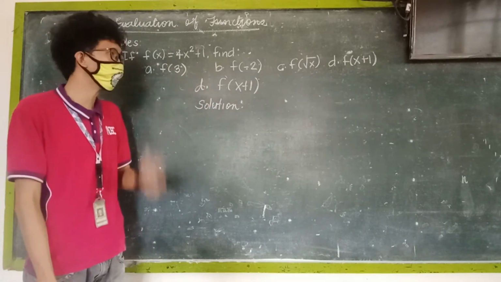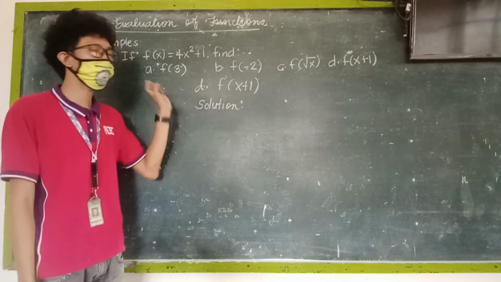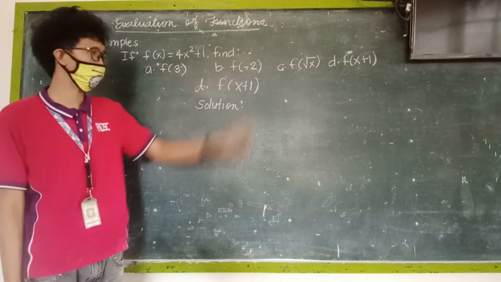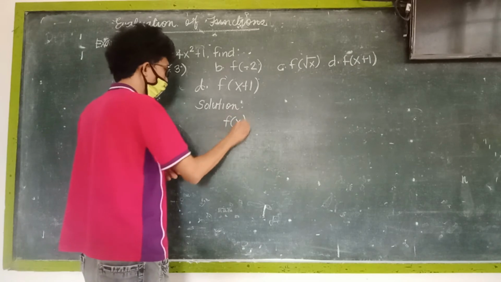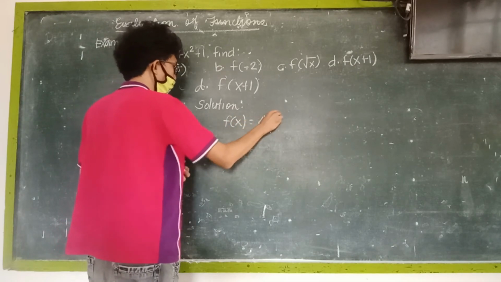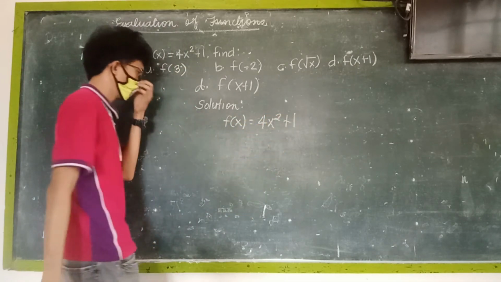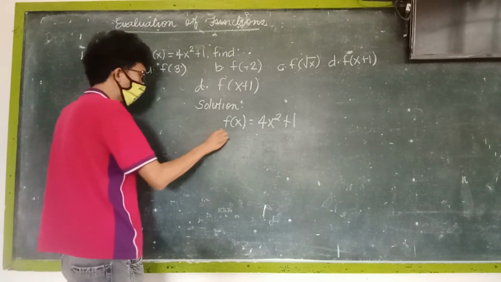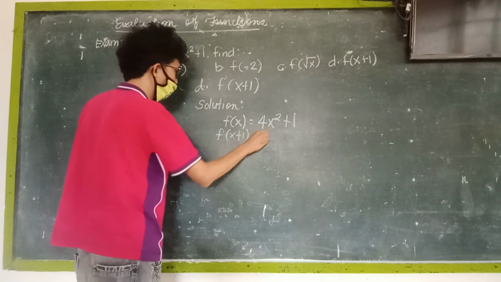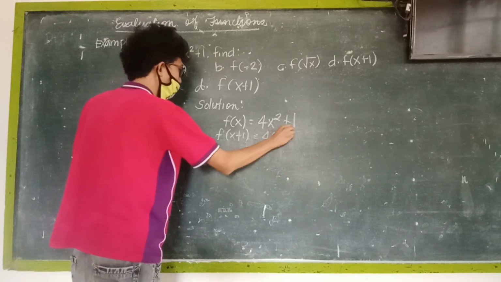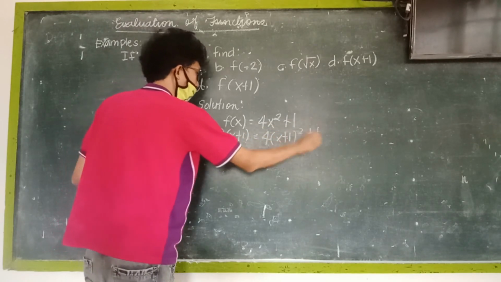So, gagayahin lang natin kung ano yung mga ginawa natin sa A, B, at saka sa C. So, we have f of x is equal to 4x squared plus 1. So, papalitan natin lahat ng x ng x plus 1. So, we have 4 times x plus 1 quantity squared plus 1.